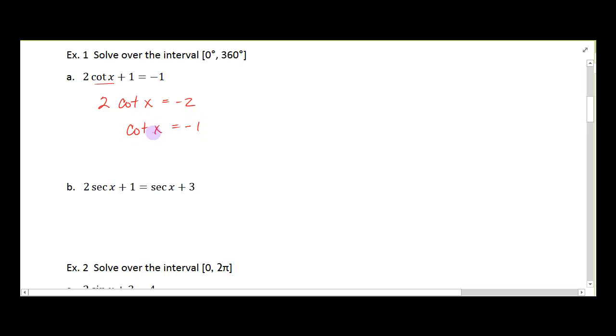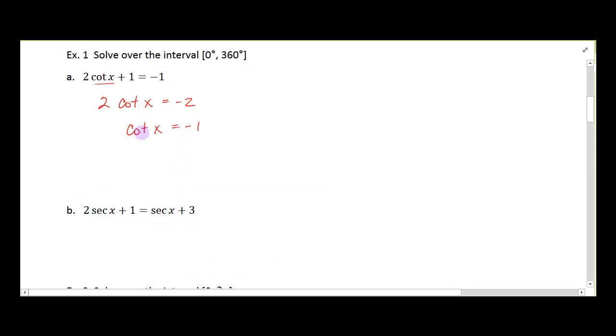Once I have it to this point right here, I am going to do a couple of things. I want to first determine what quadrant my solution is going to lie in. If the cotangent of some angle returns a negative value, then I have to be talking about angles for cotangent up here in quadrant 2 and also in quadrant 4, because cotangent is negative in those areas. And then I want to determine for what angle, when I take the cotangent of it, gives me back a negative 1.